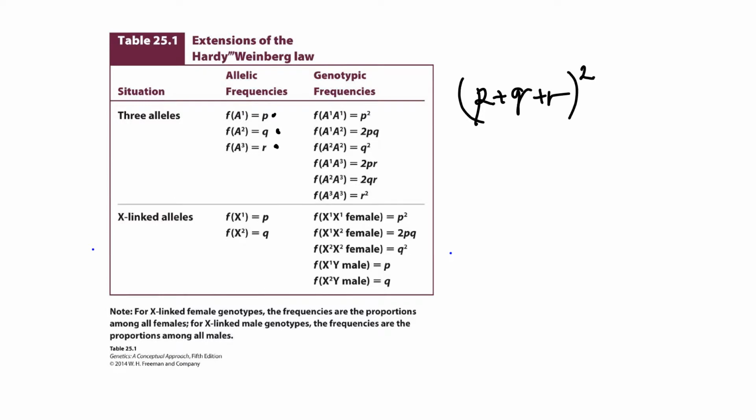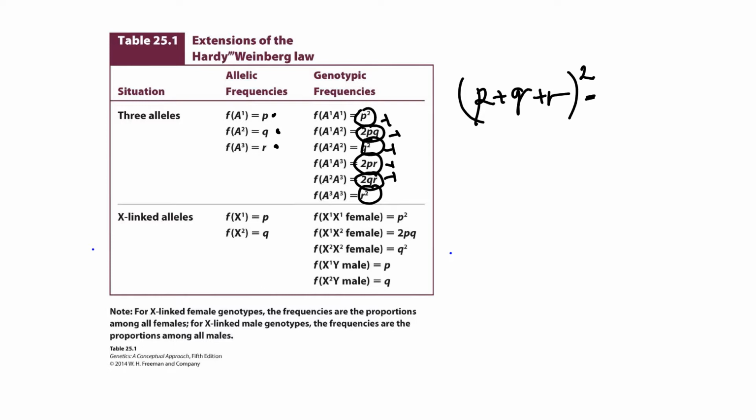And when you calculate this, it is outlined right here. So what would be the result? It would be P square plus 2PQ plus Q square plus 2PR plus 2QR plus R square. So you can extend the same way the equilibrium expected proportion of the genotypes if you have 3 or 4 alleles.